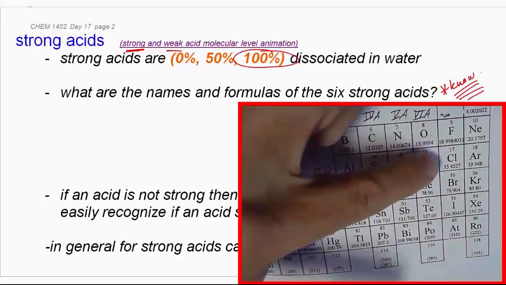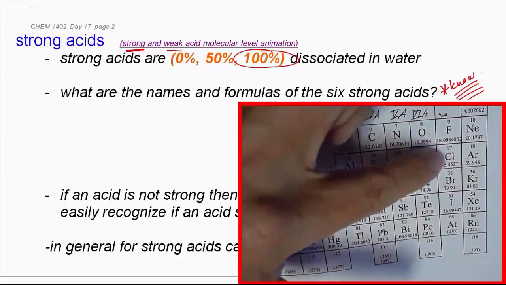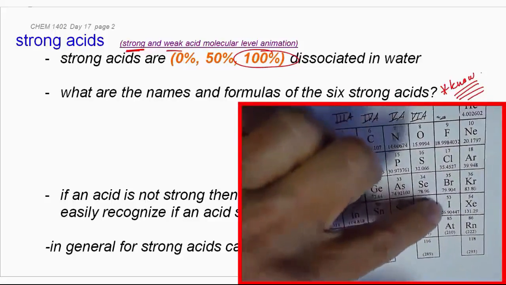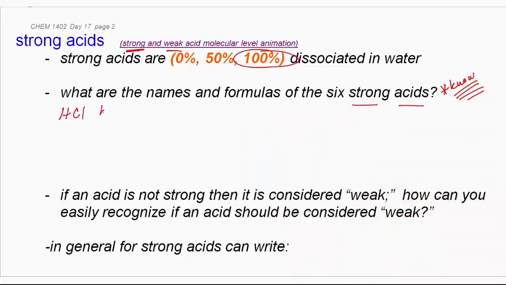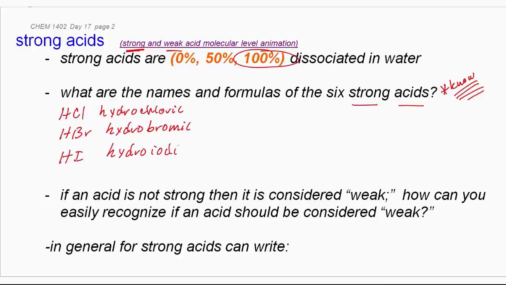The periodic table gives you half of them: hydrochloric, hydrobromic, and hydroiodic. Okay, so there's half. We need 3 more.